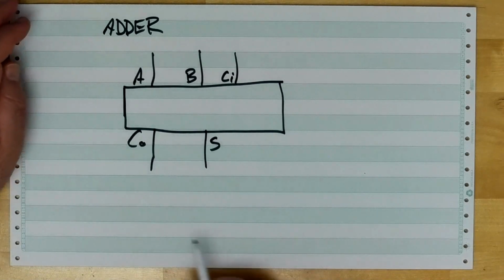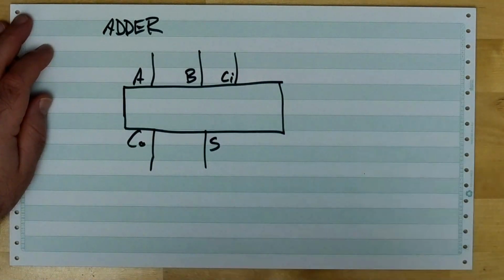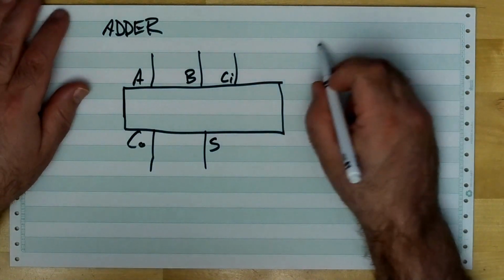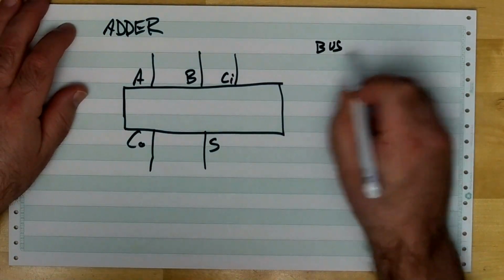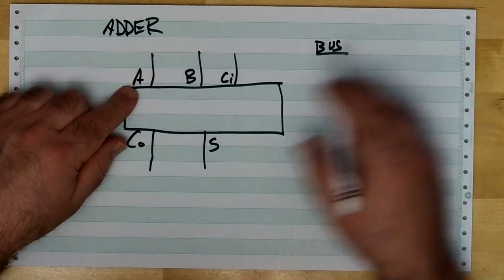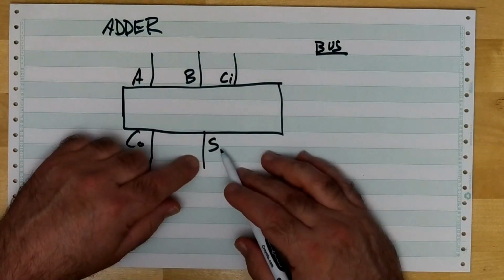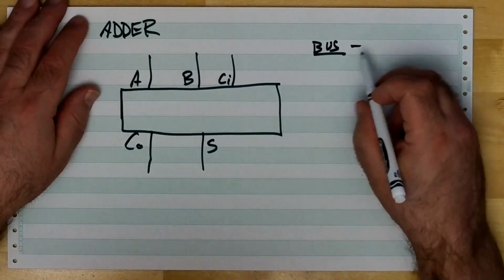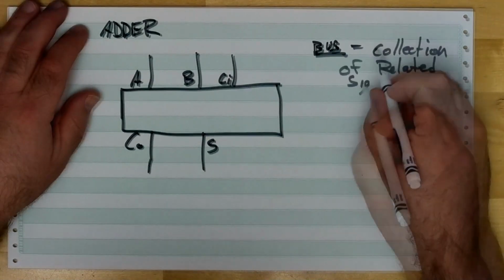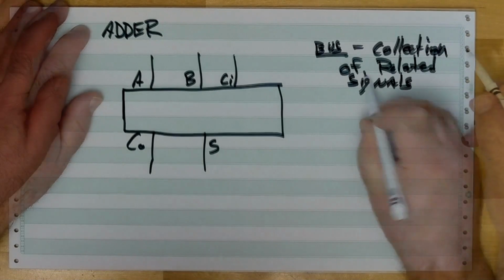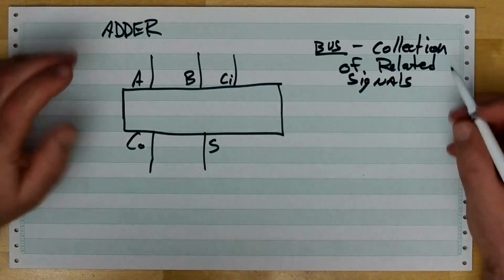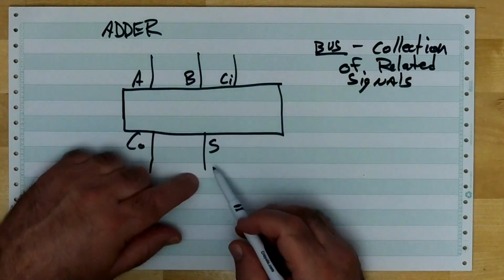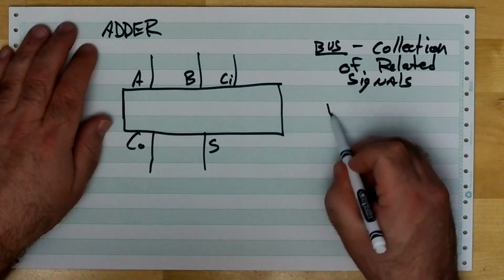Now, I'm not going to draw all the A's and all the B's and all the sums. What I'm going to do is add another word to our vocabulary now: bus. This is the A bus, the B bus, and the S bus. The definition of a bus is a collection of related signals. Very often you hear people refer to data buses, and the A bus, the B bus, and the S bus are all data buses.